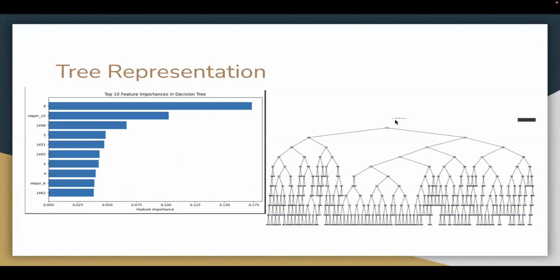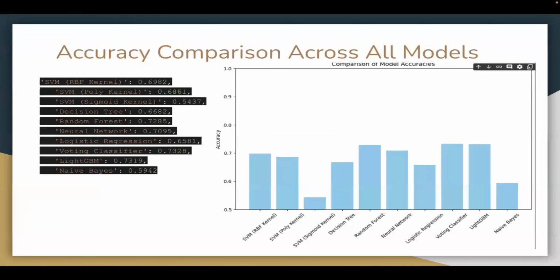We can see from the right graph the trees are really complicated. And we select the top 10 features in the decision tree. You can also see the features are basically the numbers and the major with numbers. And this can tell that the admission decision is also based on the different programs and different majors.